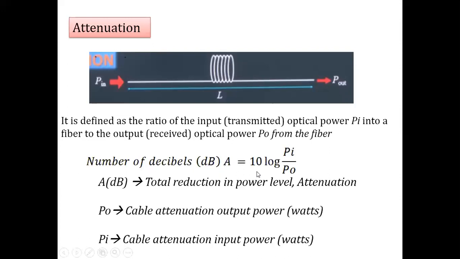The attenuation A is equal to 10 log of Pi divided by P naught, where A in dB is the total reduction in power level. P naught is the cable output power, represented in watts, and Pi is the cable input power.